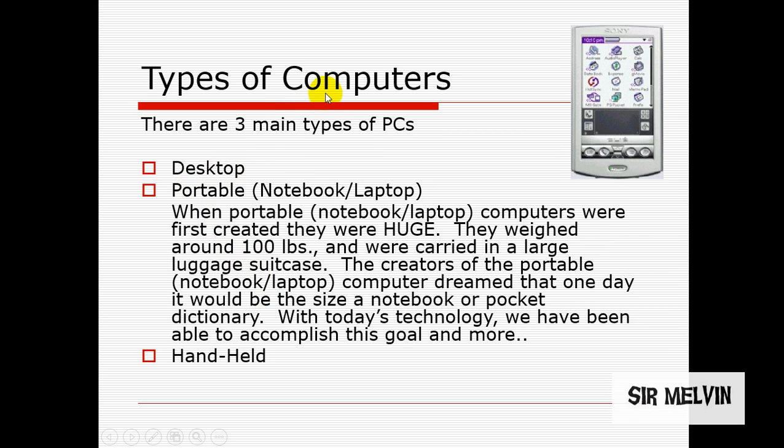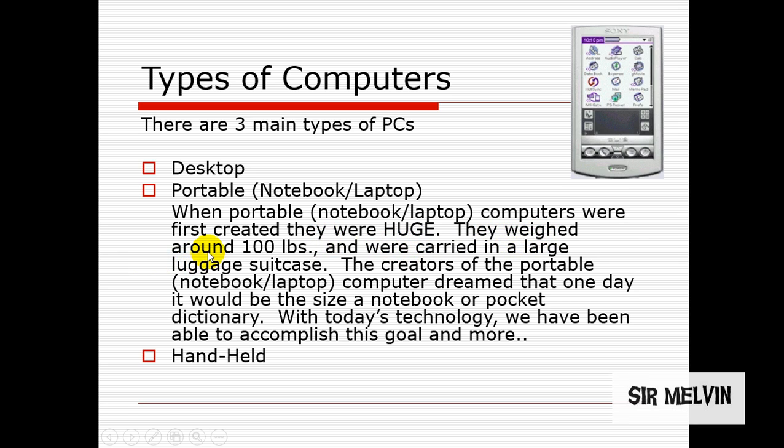So there are three main types of PC. One, desktop. Two, the portable notebook or laptop. So what is the portable notebook or laptop? When portable notebook or laptop computers were first created, they were huge.